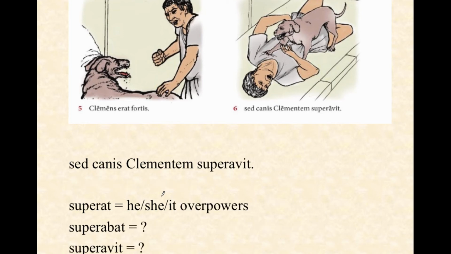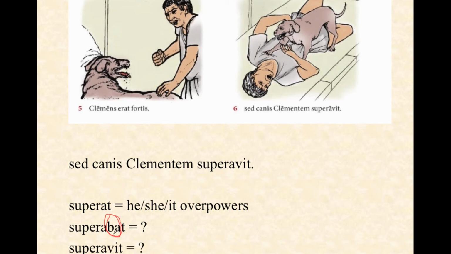Number 6. Sed canis clementem superavit. If superat means he, she, or it overpowers, how would we translate superabat and superavit? We look at the bat and we think, oh, that's the imperfect marker.